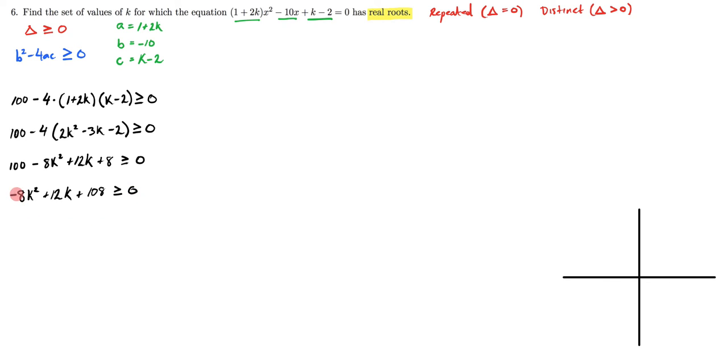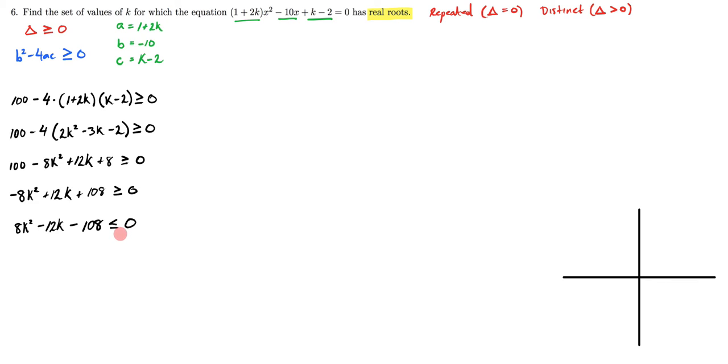I don't like it when I have a negative as my leading term, so I'm going to divide both sides by negative 1 and I'm going to be left with 8k squared minus 12k minus 108, and because I'm dividing across by a negative, I'm going to have to swap over my inequality. So here we go.